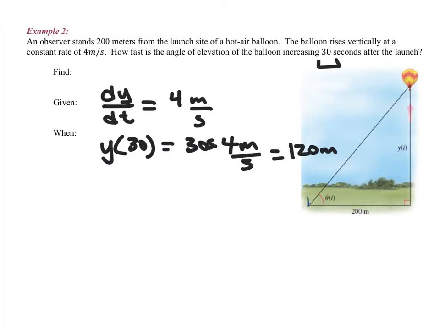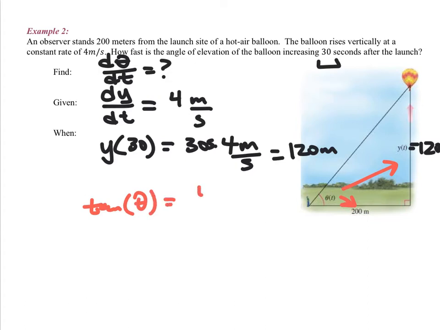Okay, so what do we want? We want the rate at which the angle changes. The rate at which the angle changes is d theta/dt. That's what we're searching for. So let's write an equation. All right, if this is 120, we'll use that in a couple minutes here. But the equation for this would involve the opposite side and the adjacent side. So I'm going to say the tangent of theta equals y of t over this constant 200.